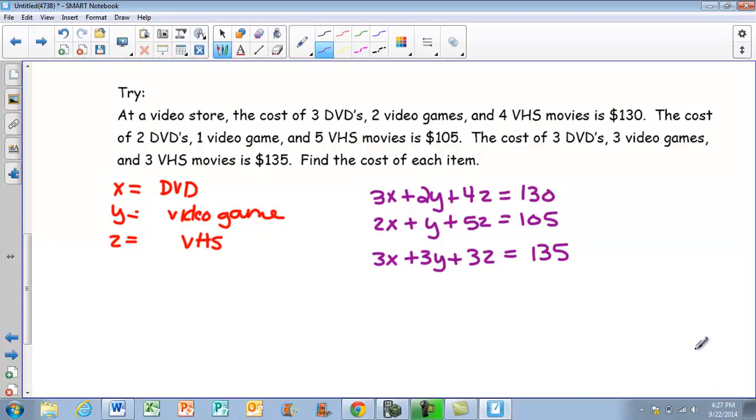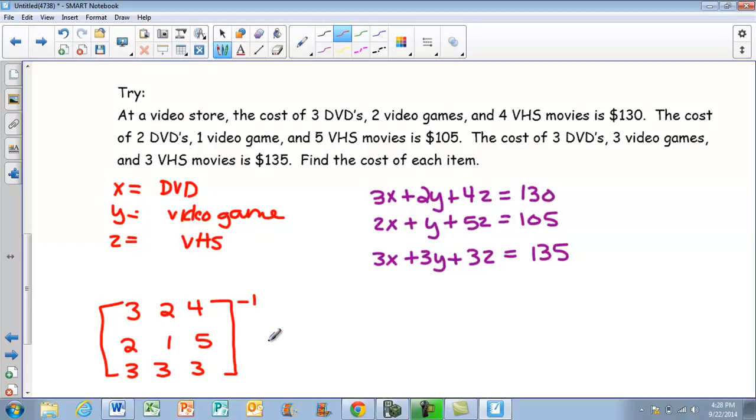Now again, you can go ahead, you pull all of the coefficients for that first matrix. So you're going to have 3, 2, 4, 2, 1, 5, 3, 3, 3. And we're going to take the inverse of this one and multiply it by the answers on the other side.